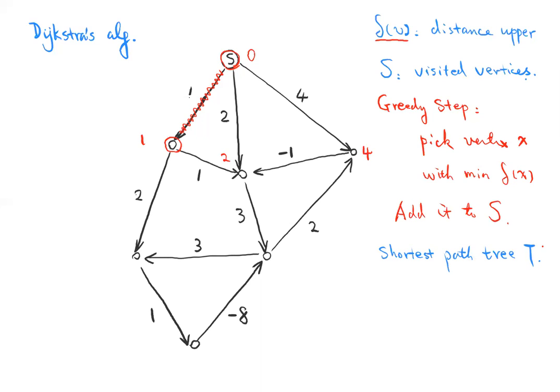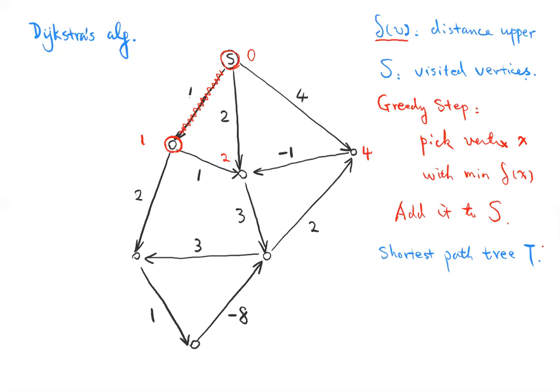Okay, so because we visit this particular vertex from S, we add this edge pointing to this vertex. All right, okay? But once we include this vertex into S, the distance upper bound of some vertices will be updated, namely those that can be reached from this vertex by one edge directly.